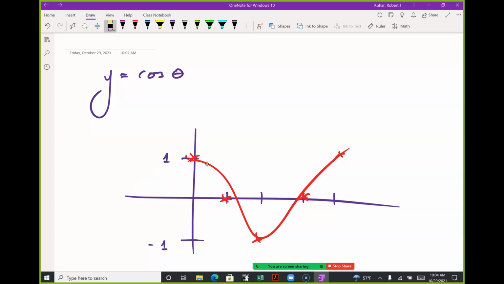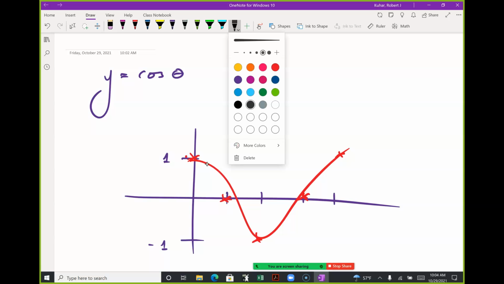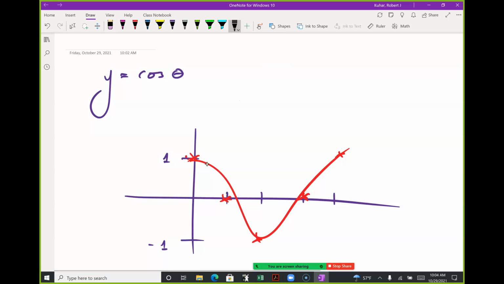So there's my cosine curve, but let's understand it. Cosine is really x, right? Cosine is giving me the base of the triangle. When I start at an angle of 0, my base is 1. It's all the way to the end of the circle. And then as I move, what is happening to the base?